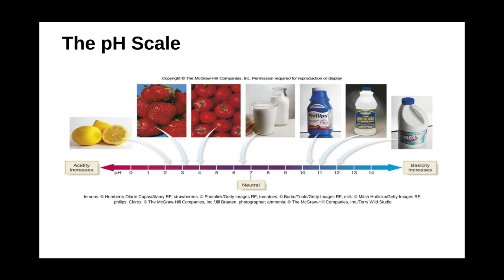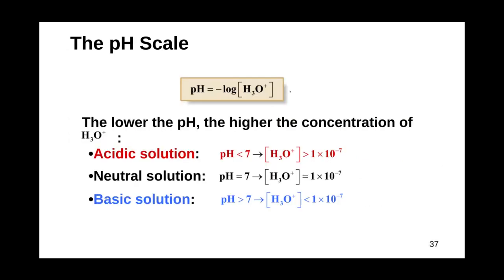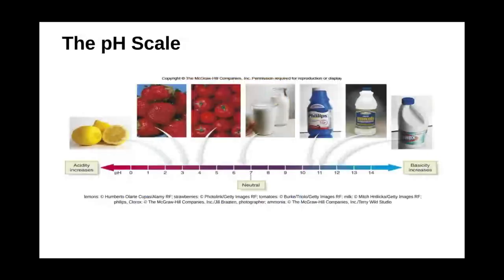Now, the important thing to remember about the pH scale, when I change from 7 to 8 or 7 to 6, is that this is a logarithmic scale, right? Remember the equation, it's logarithmic. So every time I go up a pH unit or down a pH unit, the concentration of hydronium ions changes by 10 times.